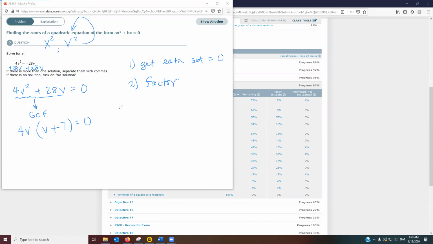I can always check that I did this factoring of the greatest common factor correctly. I can think about remultiplying this 4v inside the parenthesis. And if I do that, it would show me that I would get back to the starting expression, so I know it's correct.